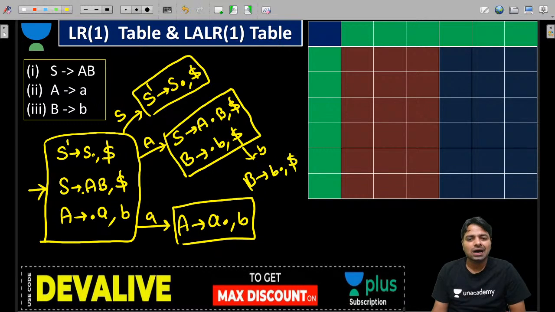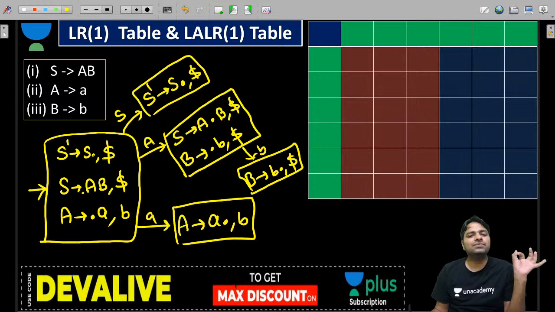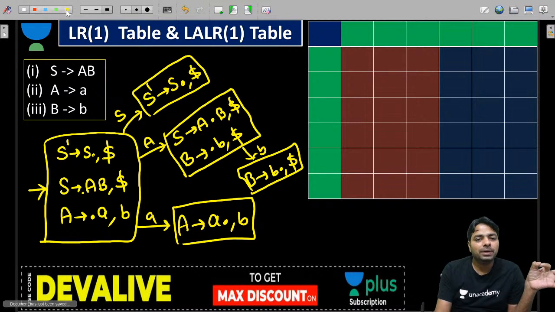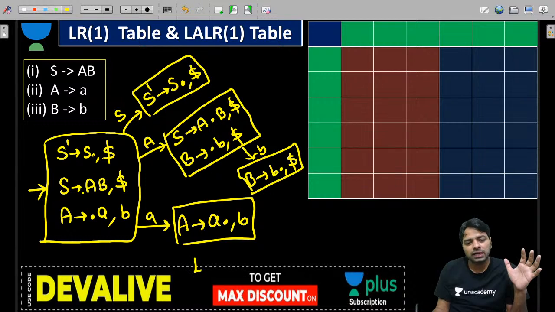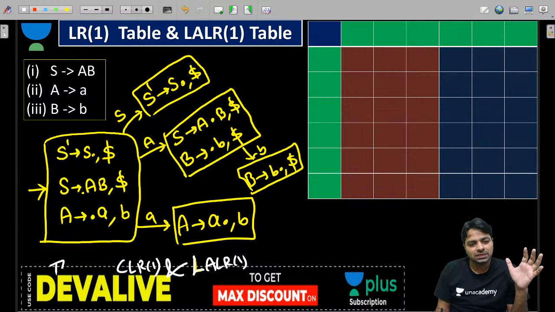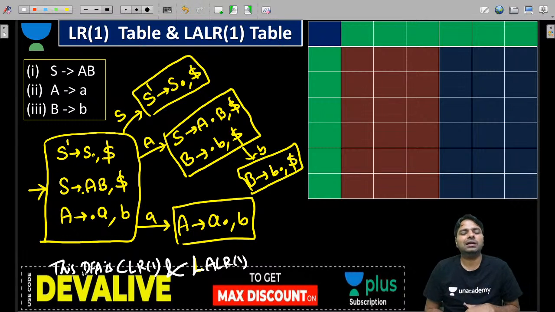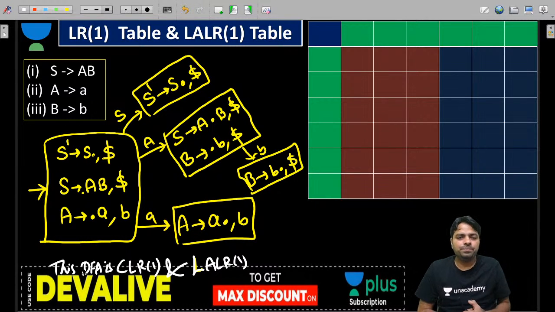And this is the CLR1 diagram as well as the LALR1 diagram because all the states are distinct. So this grammar is both LALR1 and CLR1. Remember that. This DFA serves both diagrams. Now we have no conflict in either of them, no doubt.